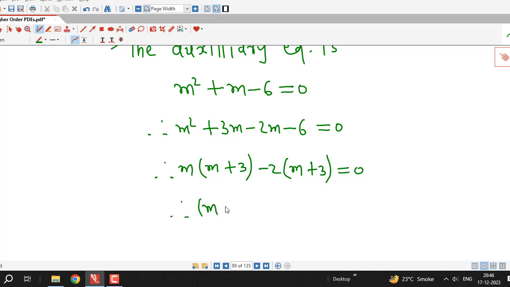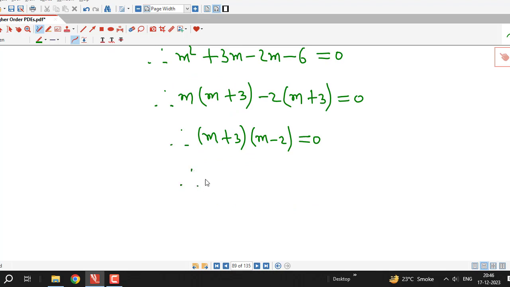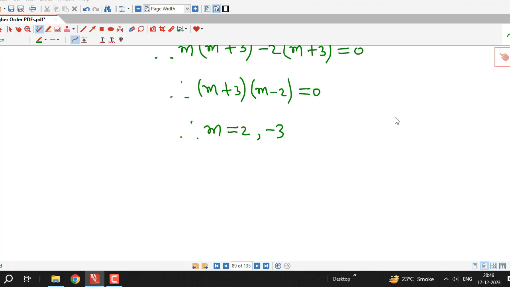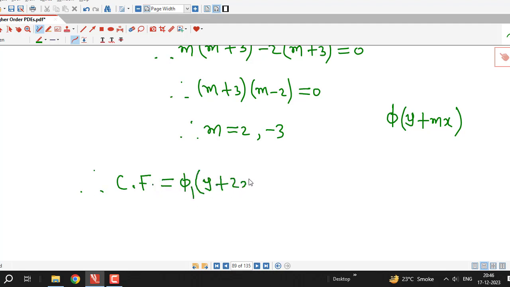Therefore we have (m plus 3) times (m minus 2) equal to 0, and therefore m equal to 2 and minus 3, and we know that corresponding to each value of m, we write an arbitrary function of y plus mx. Therefore, the complementary function is an arbitrary function of y plus 2x plus another arbitrary function for m equal to minus 3, so y minus 3x.